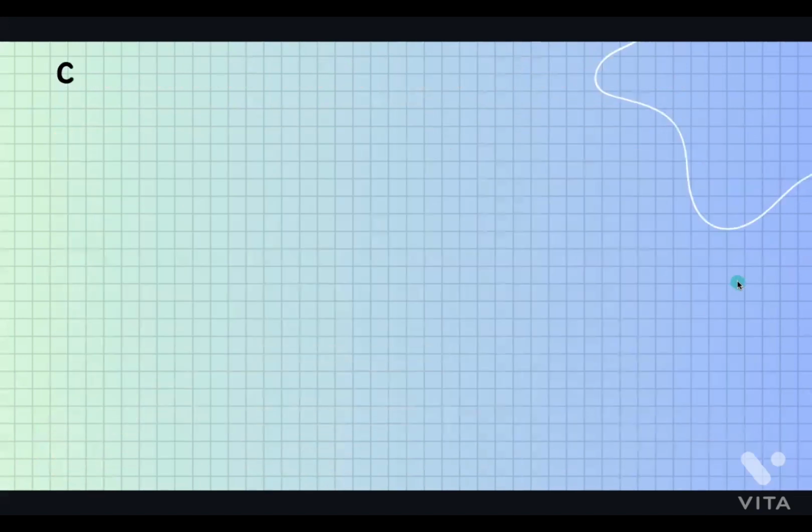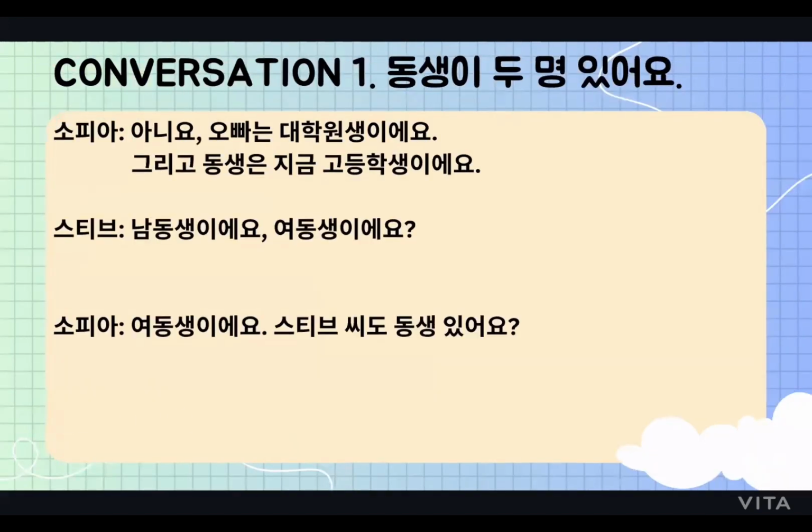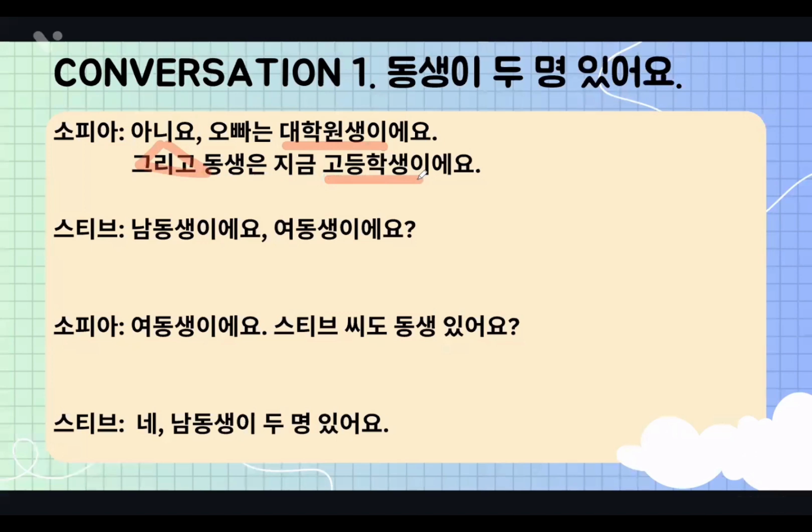자, and then what did Sophia say? 아니요, 오빠는 대학원생이에요. 아, 대학원생. So Sophia's older brother is a graduate student. And 그리고 동생은 지금 고등학생이에요. And my younger sibling is, what is a 고등학생?